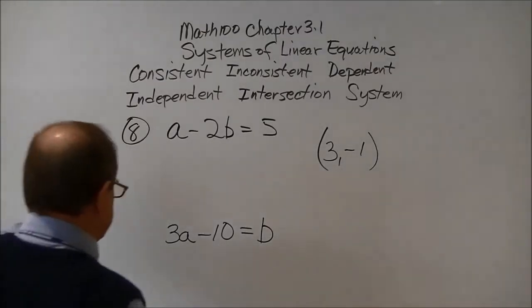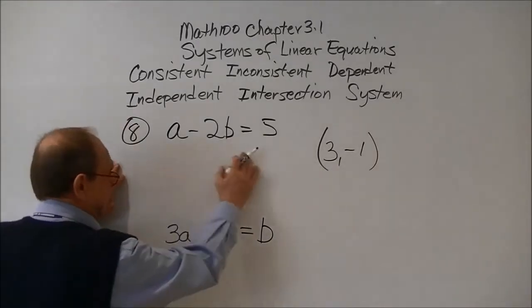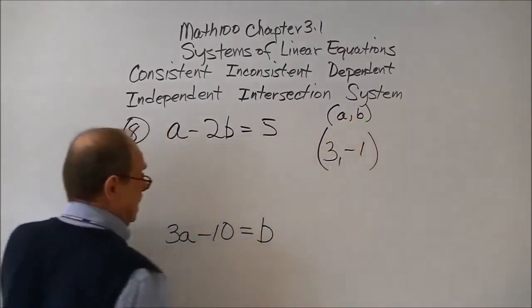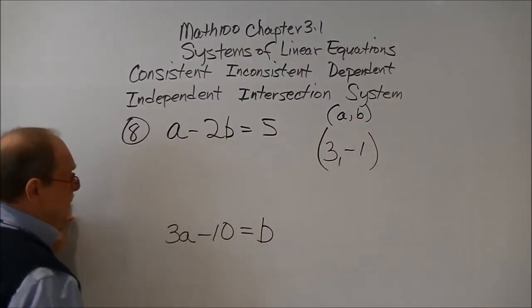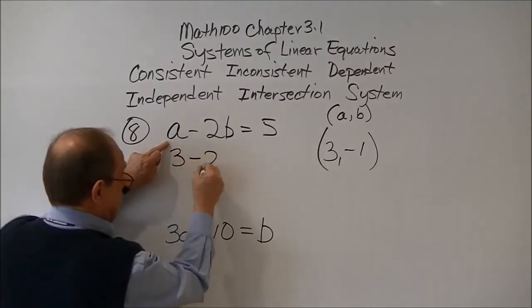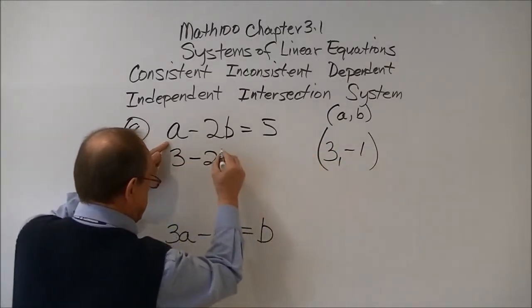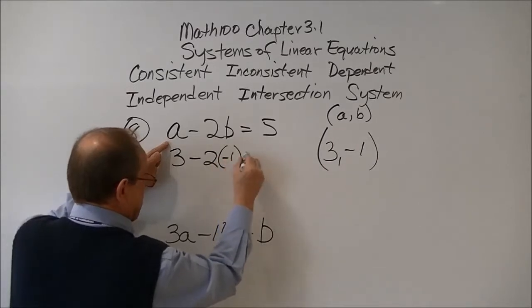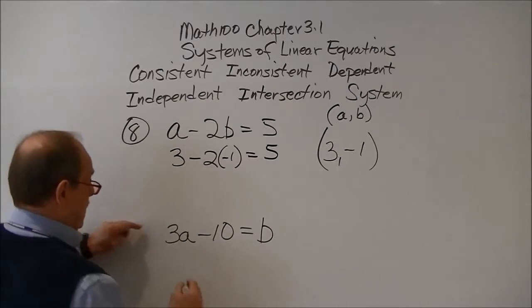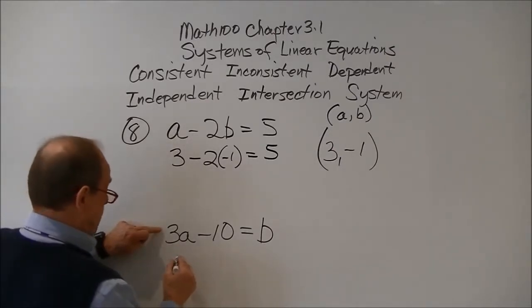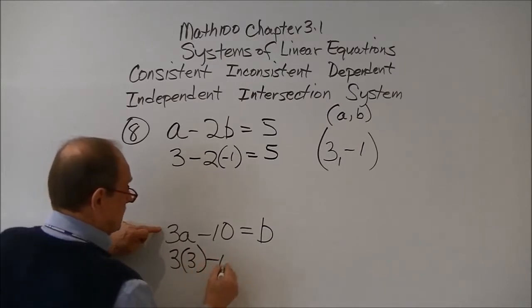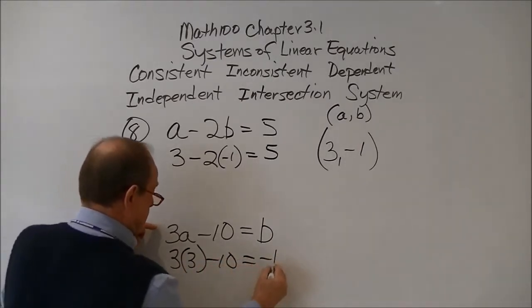For number 8, again, the same thing. Notice this ordered pair is written as A comma B, which we sometimes use. So A would be 3, and B is a negative 1, equals 5. And this is 3A, so 3 times 3 minus 10 equals a negative 1.